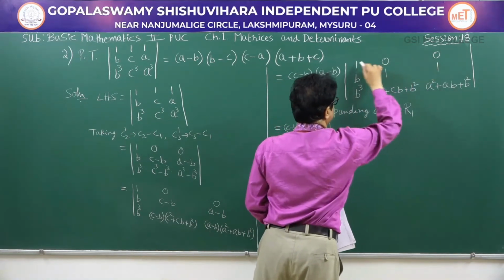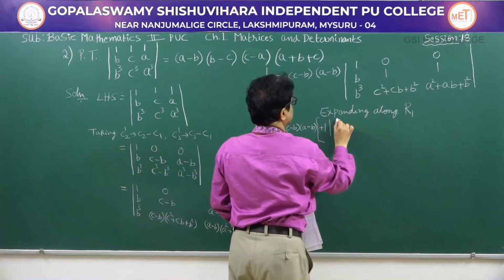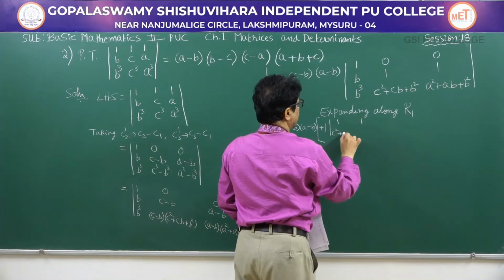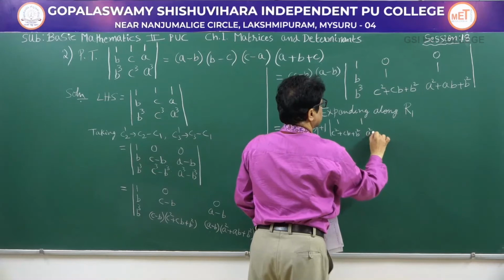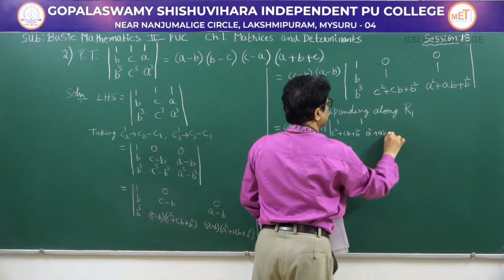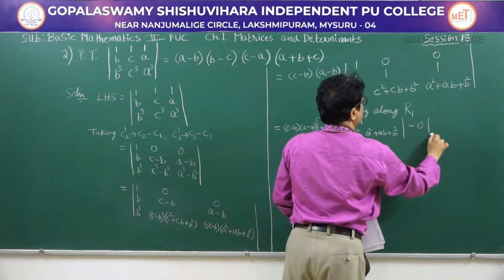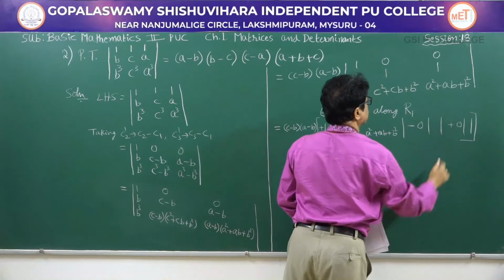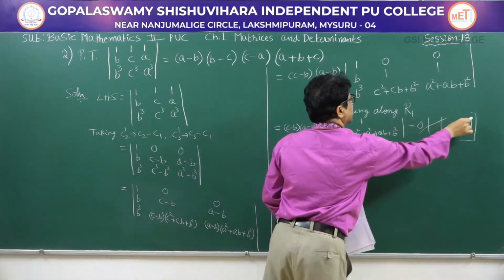We eliminate the first row and first column and take the determinant of the remaining elements, that is 1, 1, c square plus cb plus b square, a square plus ab plus b square, minus 0 into determinant of, plus 0 into determinant of. So these two terms will get cancelled.